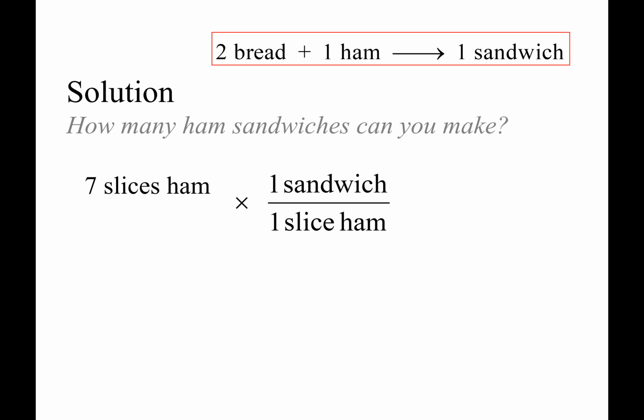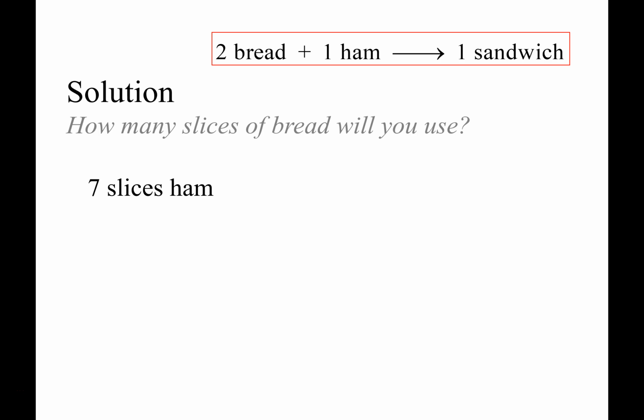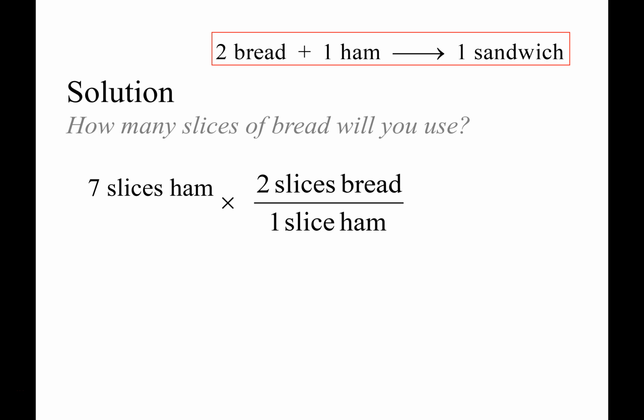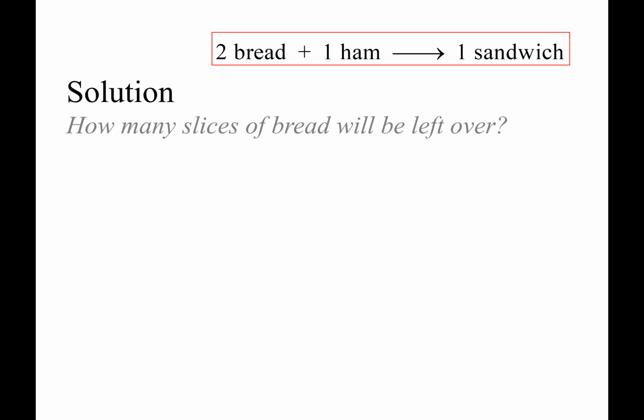How many sandwiches can I make? 1 sandwich for 1 slice of ham, so 7. How much bread will I use? I need 2 slices of bread for 1 slice of ham. So that was the 14 you came up with. You can eyeball this one, and that's great, but you can't eyeball all of them.